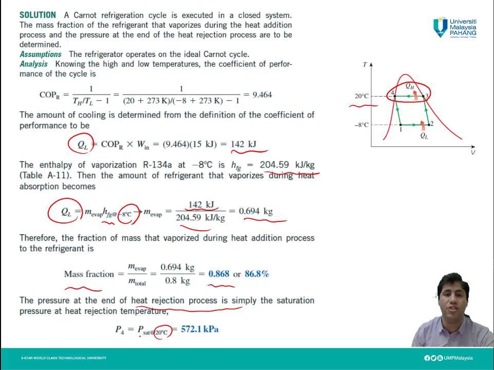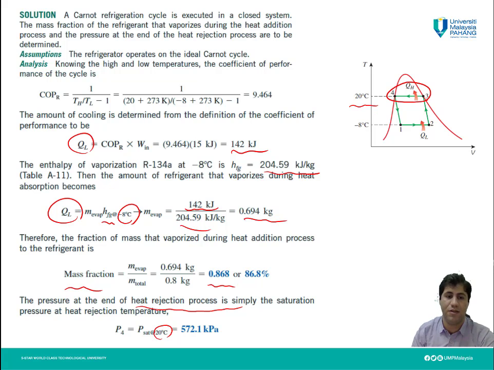And as it is mentioned, the whole process is in the saturated mixture region. So the pressure of the refrigerant here should be the saturated pressure for the refrigerant at the given temperature.